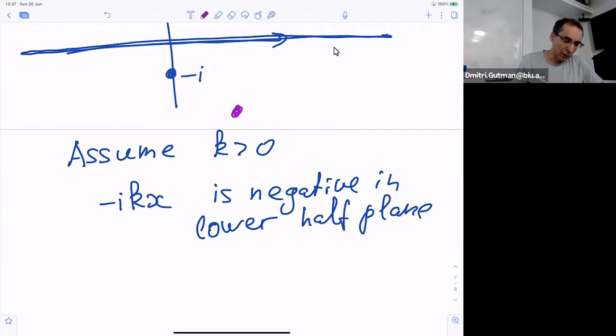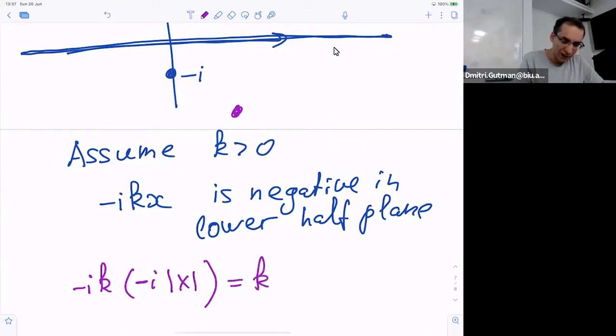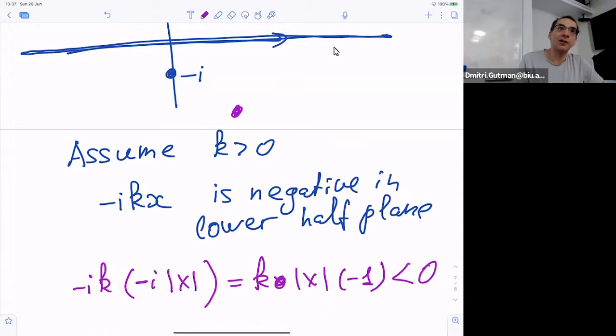So I have minus ik, and x would be something like minus I times something positive. Then the exponent will be k times x times minus 1, which is smaller than 0.